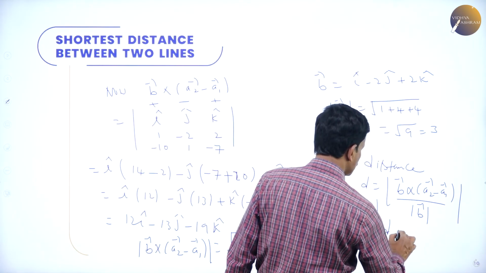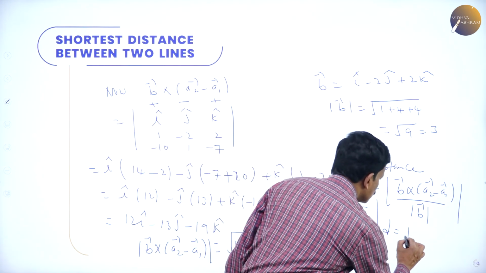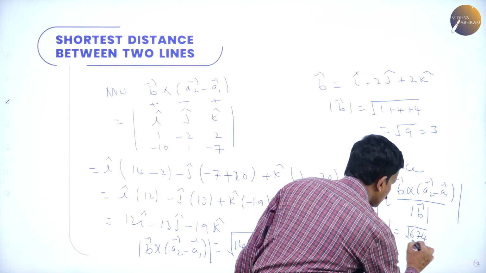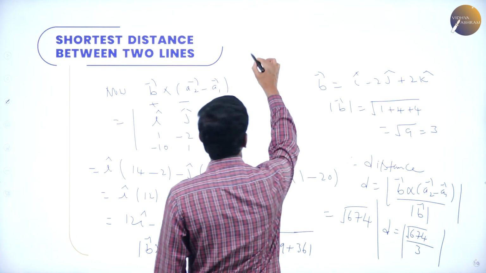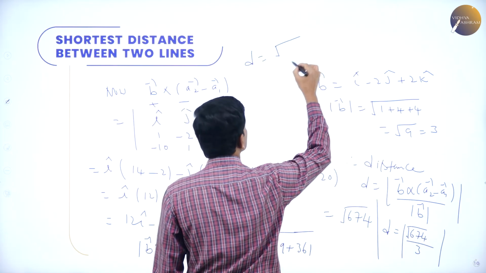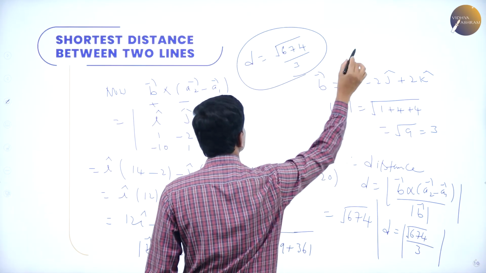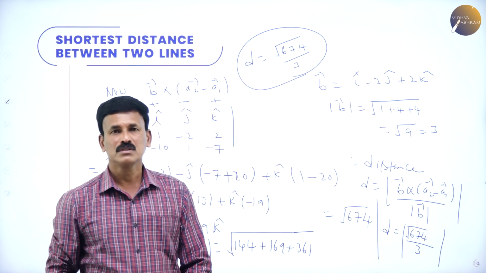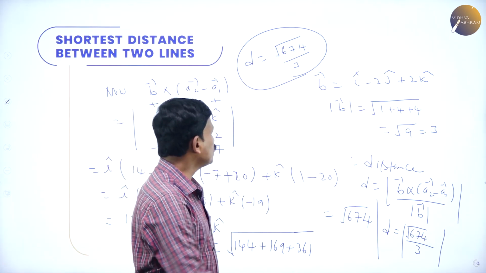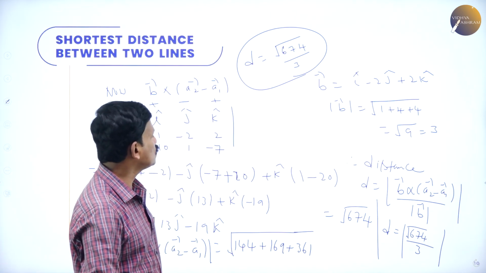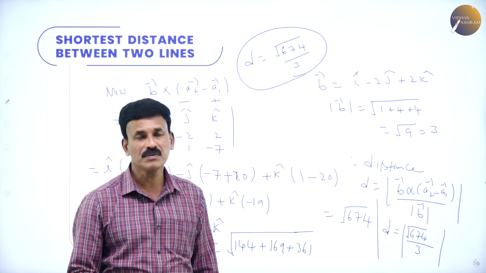D is equal to the square root of 674 divided by 3 units. This is the required answer. Hope you followed this. So the distance between the parallel lines is D equals square root of 674 by 3. If it is possible to simplify, simplify.